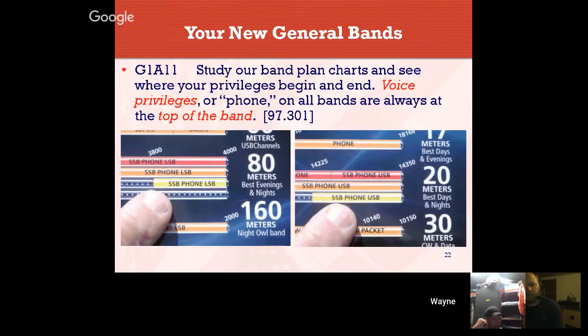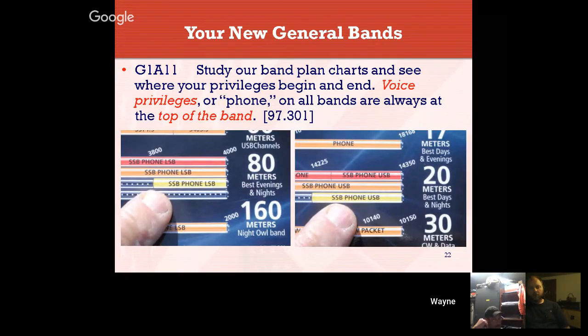All right, again, you have your band plan charts, and you can see where your privileges begin and end. Voice privileges, or phone as they call it, on all bands are always at the top of the band. In other words, it's at the upper end of the band. I don't know why they use the word top. It's the upper end of the band. It's not at the lower end of the band, and it kind of shows you there where it is.